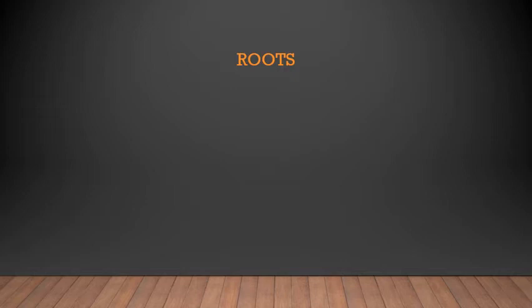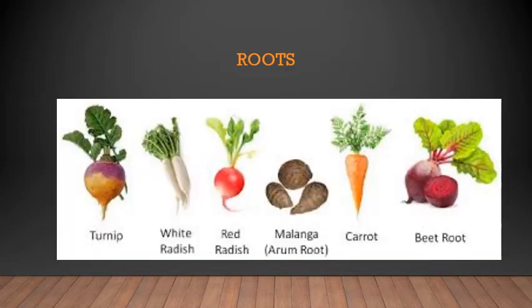So first one is roots. From the roots, like you know, the following examples: the turnip, white radish, red radish, malanga, carrot, beetroot. These are examples of the food from the roots of the different plants that we eat.